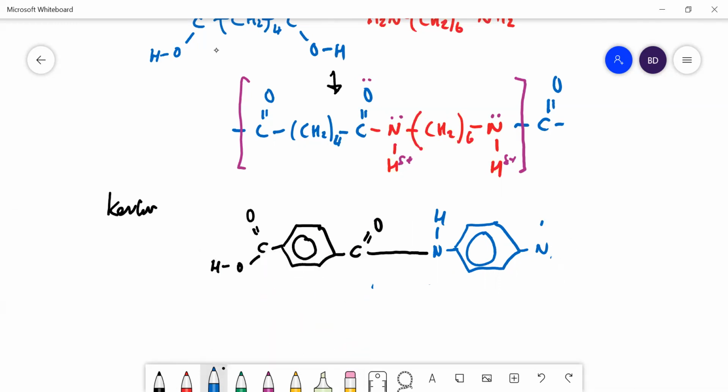I'll just draw the repeating unit. Get rid of that, and that's going to go off. Right, so the repeating unit, I'm going to start that there. I'm going to finish it there, and that is Kevlar. And again, that can form hydrogen bonds between different Kevlar chains.